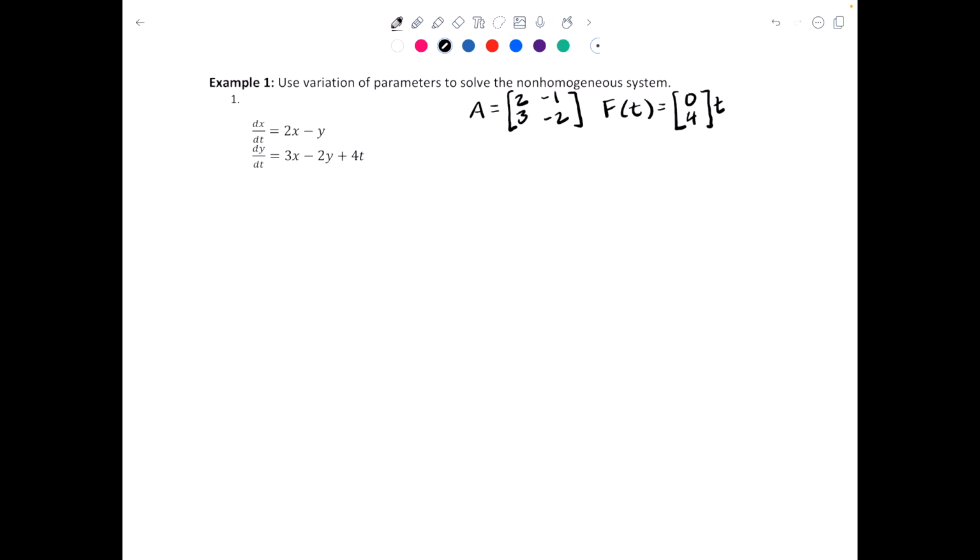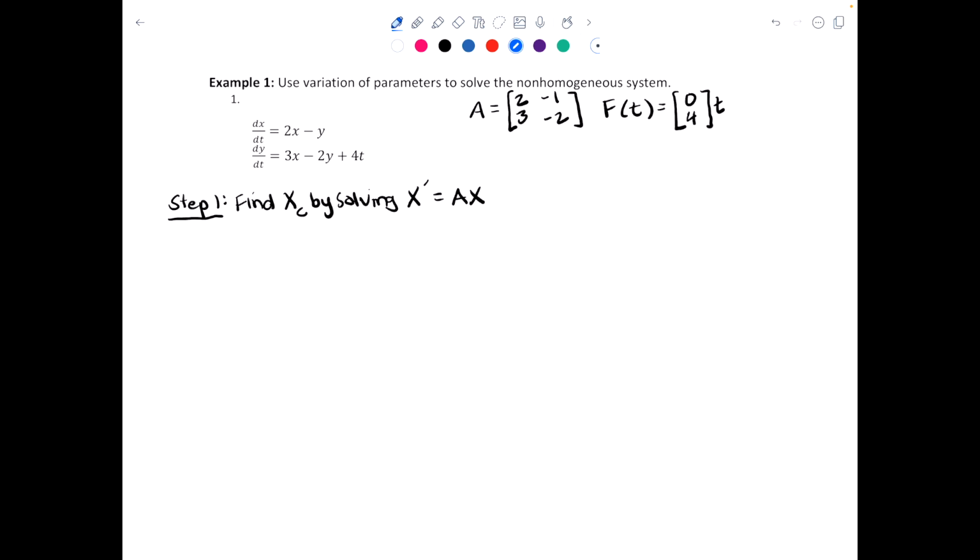So step 1 is to find xc, right? So find xc by solving x prime equals A times x. So here we go.